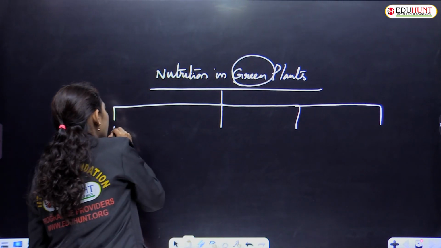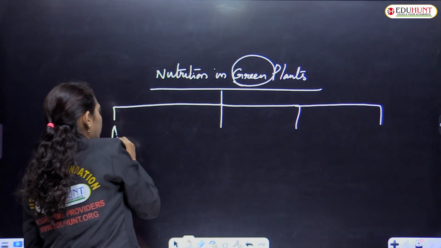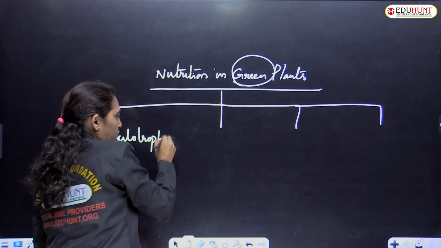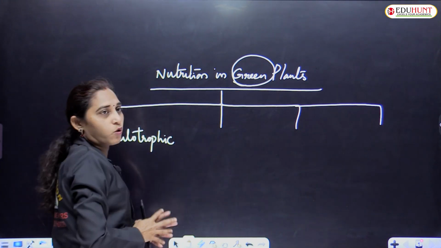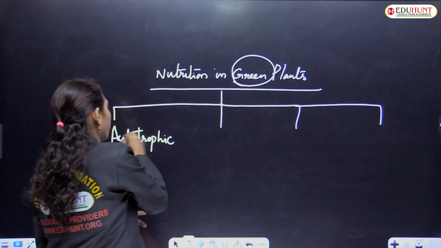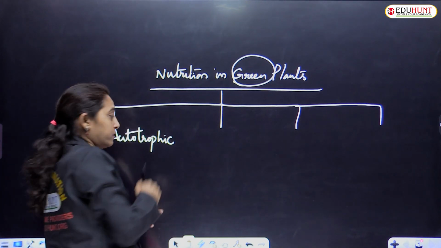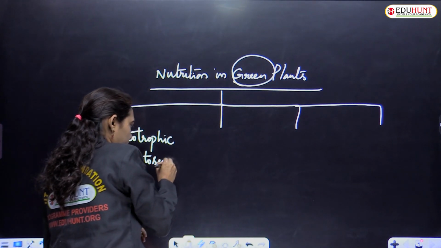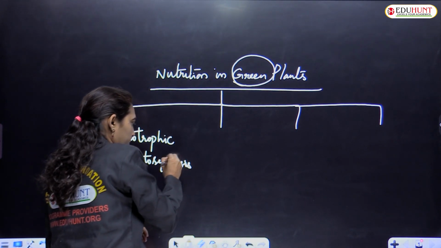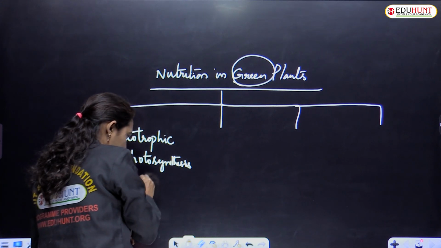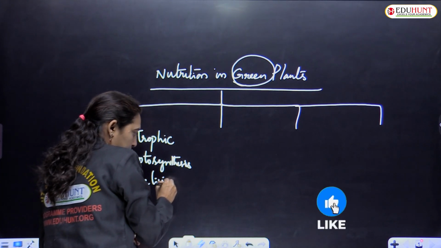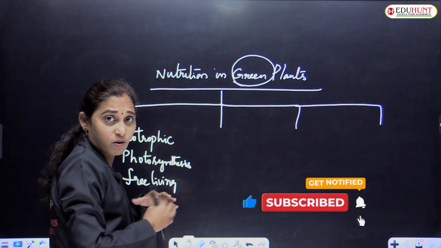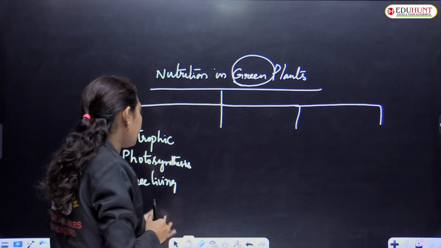One is the autotrophic mode of nutrition. In this, photosynthesis takes place. These are considered free living organisms. They do not depend on other organisms for their food.